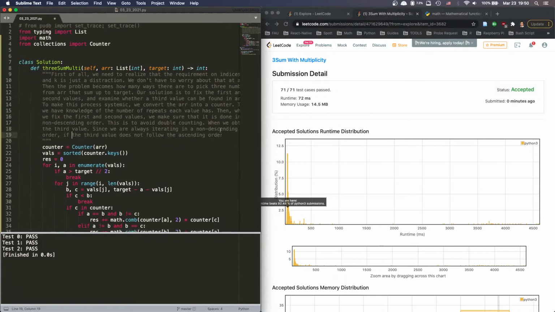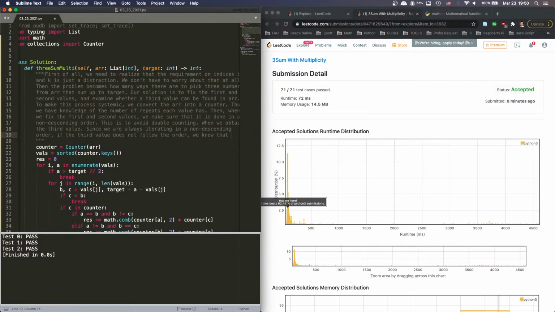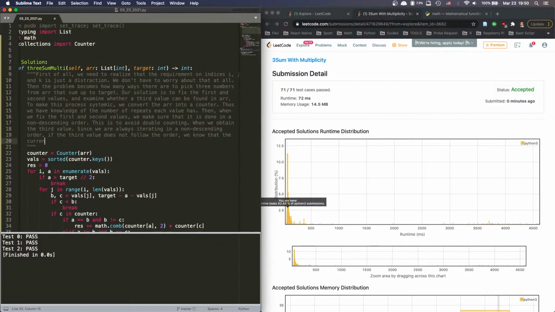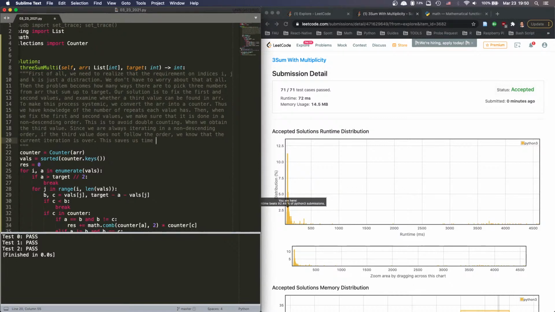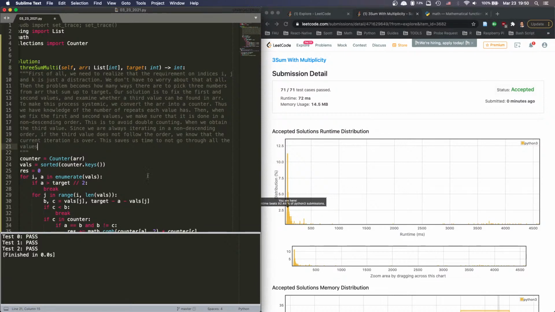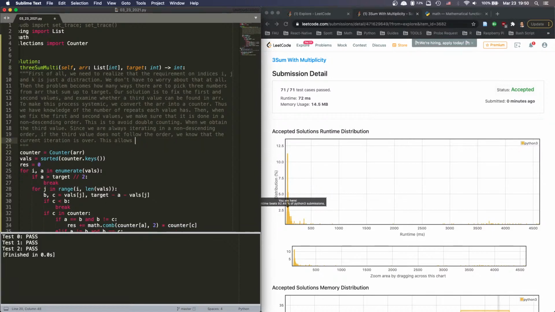If the third value does not follow the order, we know that the current iteration is over. This saves us time to not go through all the values. This allows an early stop.